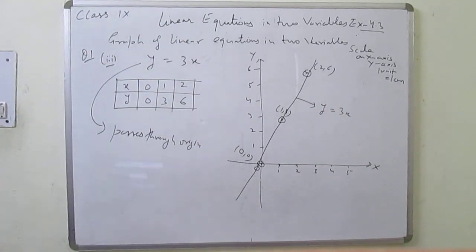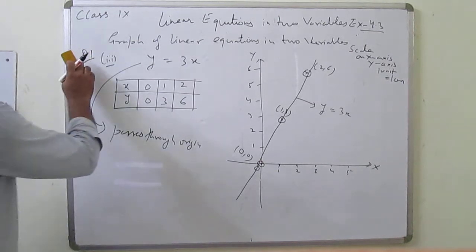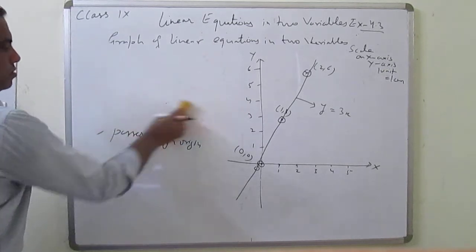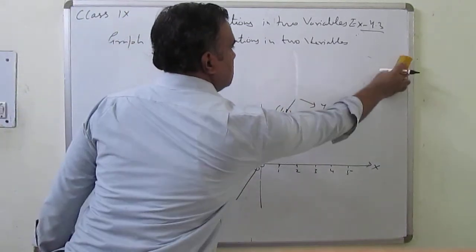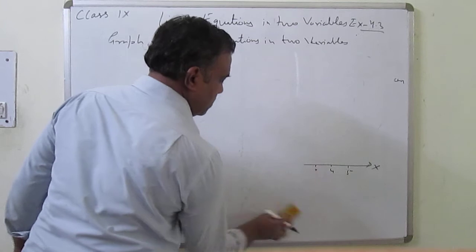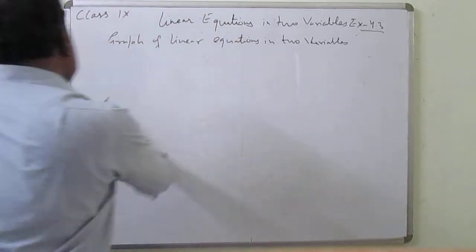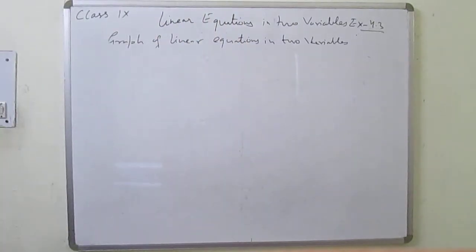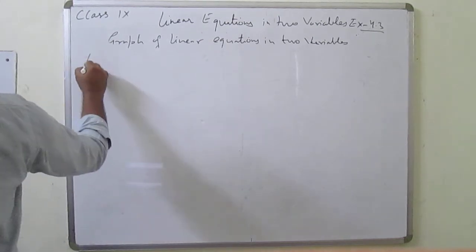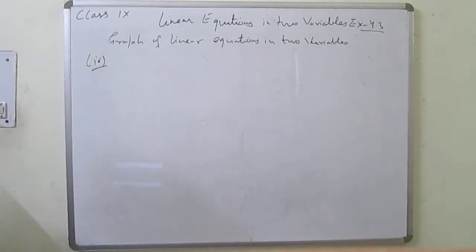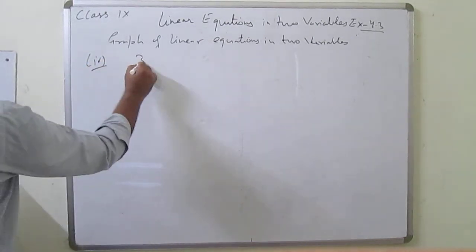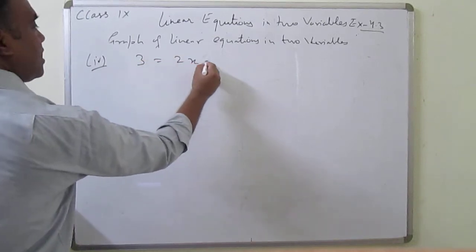Now I will take one more question. Question number 4. 3 is equal to 2x plus y.